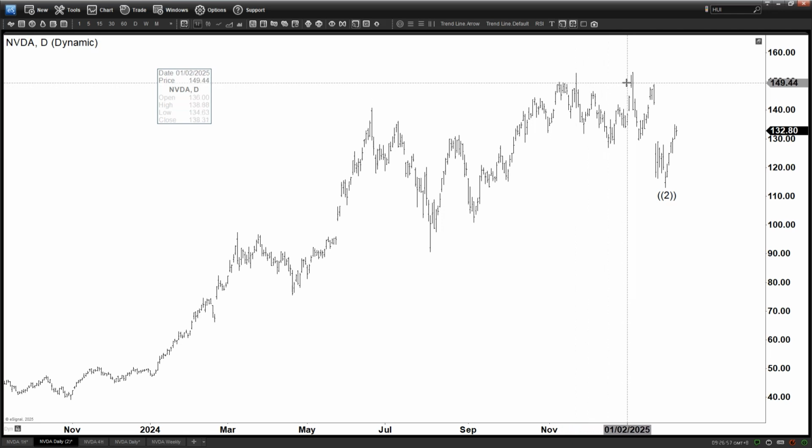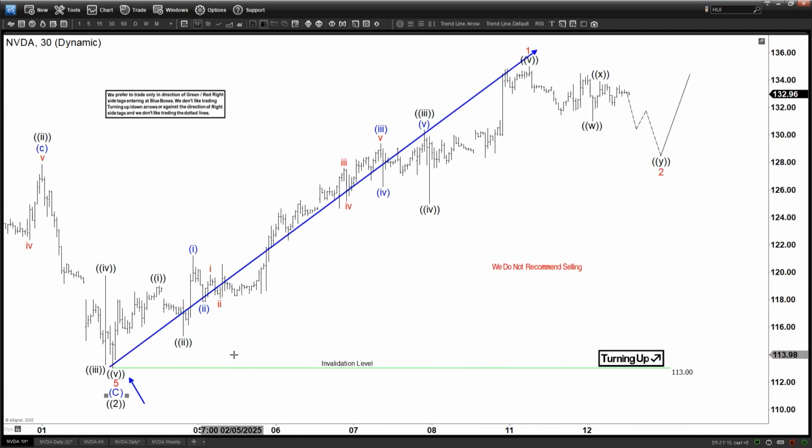Okay, so 2 options here. It's either you want to do it in a more bullish or in a less bullish way. The more bullish way, you can label 1 here. In that case, you are actually doing an expanded flat, with A here, because this one is above here. So you can do ABC, completed here with 2, which is what we are calling here.